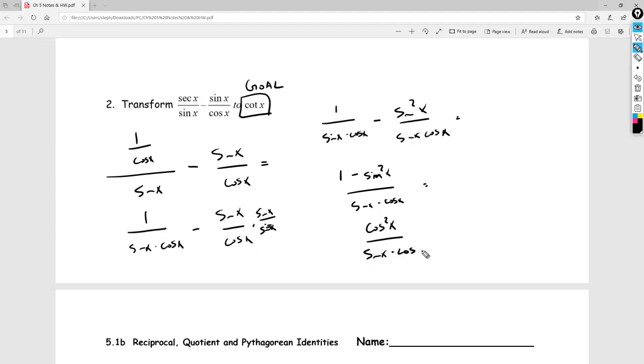And nothing has happened to my denominator. So I see that something can cancel. I'll end up with just cosine of x divided by sine of x, which is equal to cotangent. So I have reached my goal. I am done with my proof.